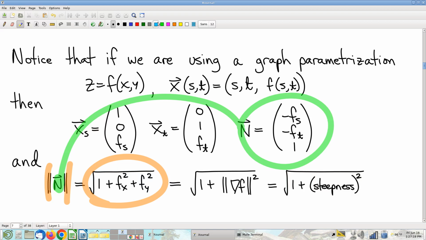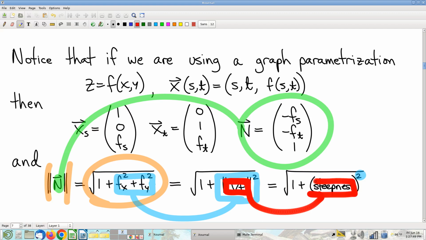And then you notice that these two terms right here will always be magnitude squared of the gradient. And they just are. Right? The function f, its gradient, has explicit coordinates, and lo and behold, that is literally magnitude squared of the gradient. And wait a second, magnitude of the gradient is steepness. Old chapter 2 result. Just is. So, how about that?